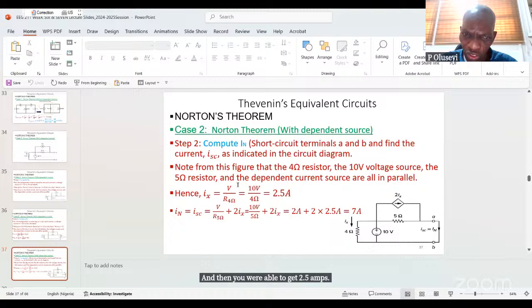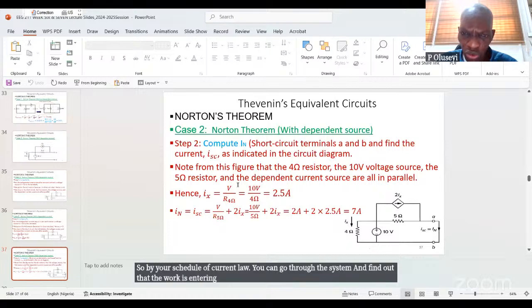Likewise, your Norton's current, which is the same thing as short circuit current, you can obtain by following the rule that you already know, which is Kirchhoff's current law. By Kirchhoff's current law, you can go through the system and find that what is entering the node will be equal to what is coming out of the node.